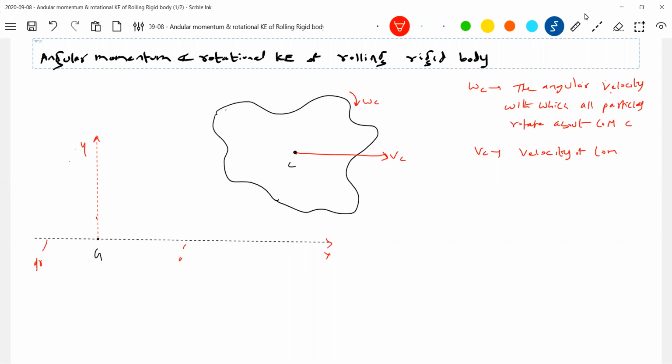I'll give 2 minutes, analyze it, because you know enough of the concept. Take notebook and pen, draw the diagram. I want the total angular momentum of this rigid body about an axis passing through point G and perpendicular to the plane of the diagram, the z-axis.